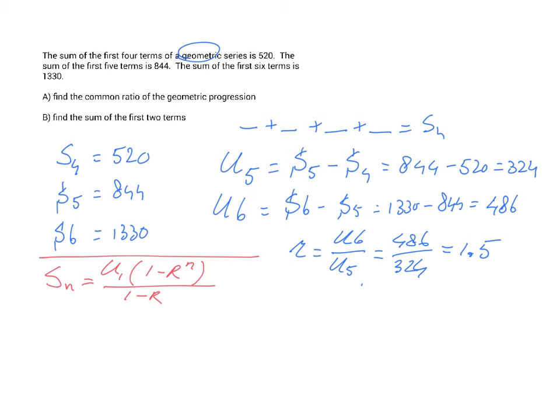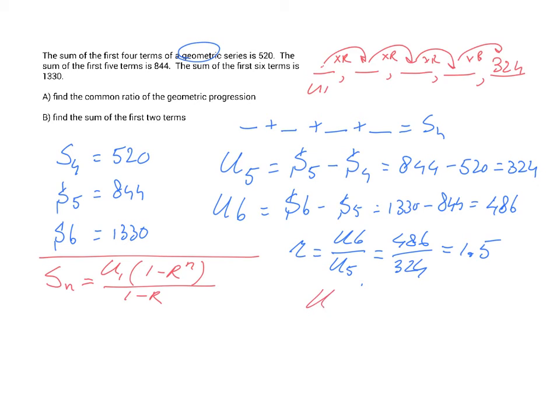So how can I find it? Well, I know that u5 is 324, so 1, 2, 3, 4, 5, that's 324. So u1 is times r, times r, times r, times r.